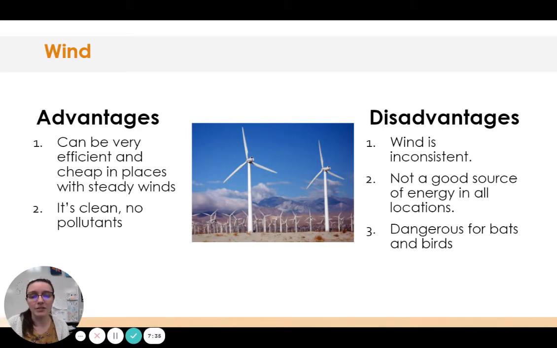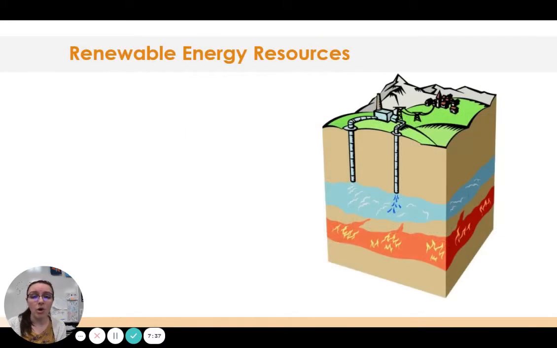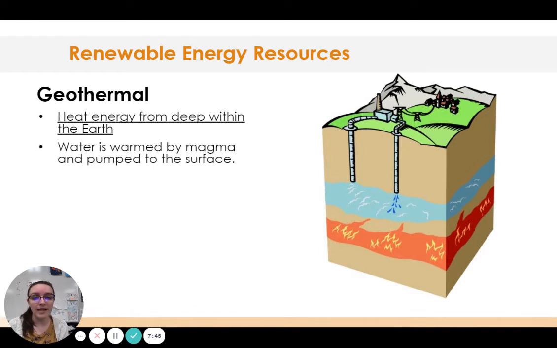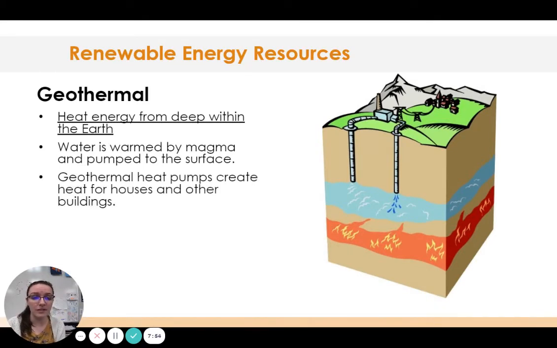Another form of renewable energy is geothermal, which is using heat energy from deep within the earth. So water that is close to or deeper down in the earth where it is warmer and it is being warmed by magma gets pumped to the surface.